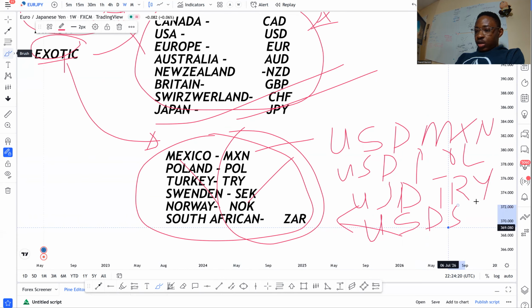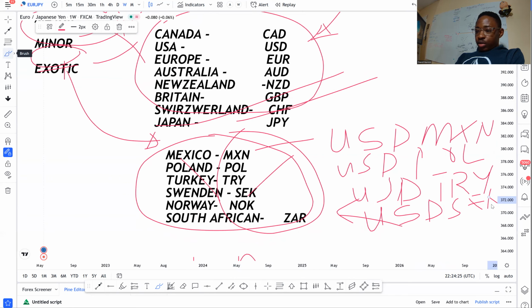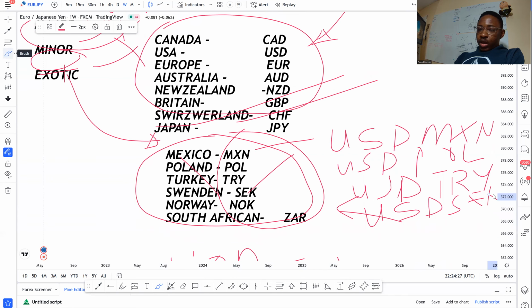USD SEK for Swedish krona. And then we have USD NOK for the Norwegian krone. And then finally, we have USD ZAR, which is the South African rand.